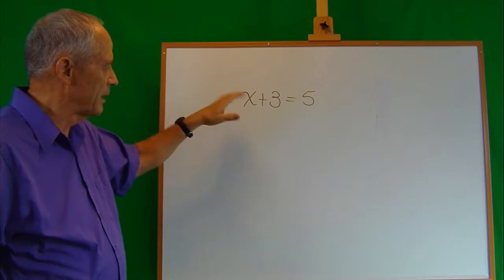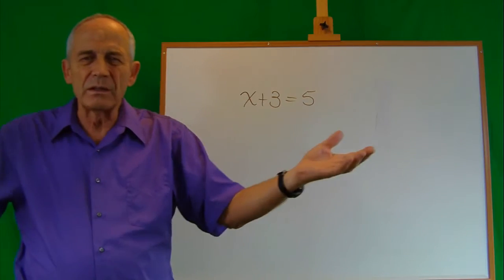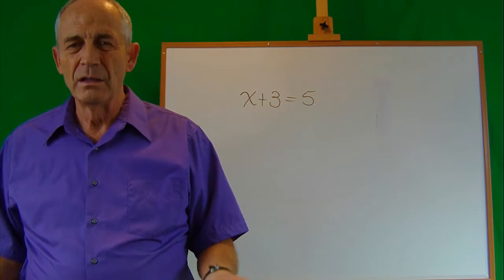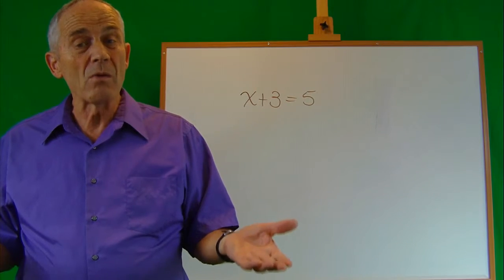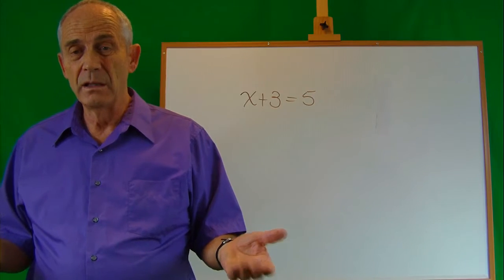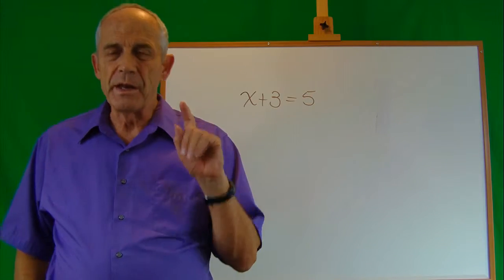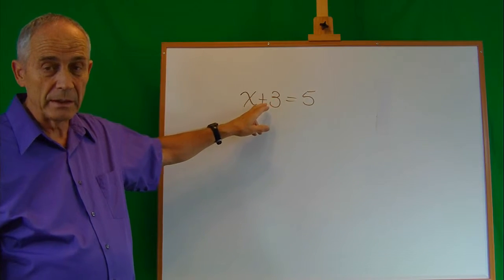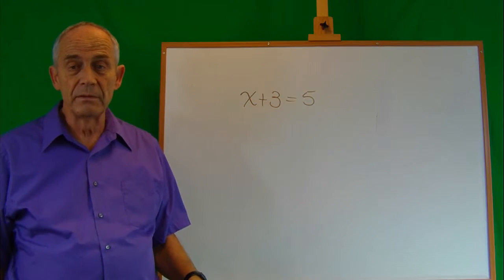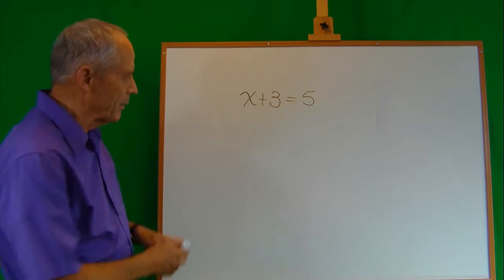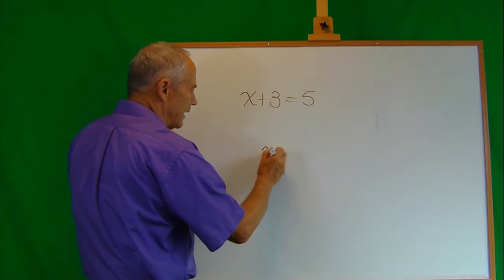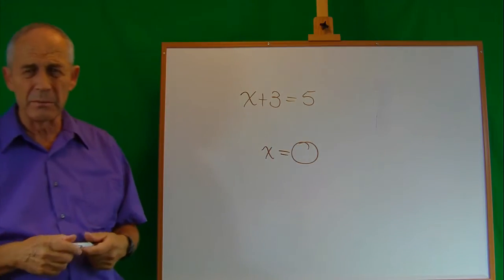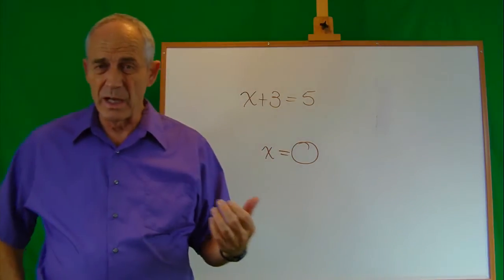If I say some number plus 3 is equal to 5, what does the normal curious person want to know? We want to know what that number is. In other words, the number which, when I add 3 to it, gives me a result of 5. That's what I want to know. I want to know something like this: x equals, and then what that number is. And that's all I'm talking about.